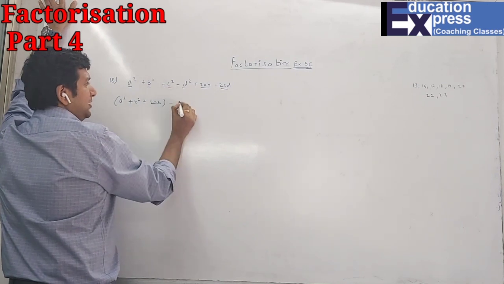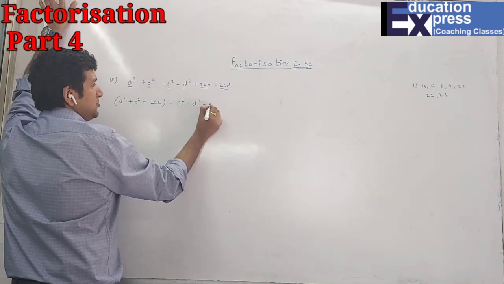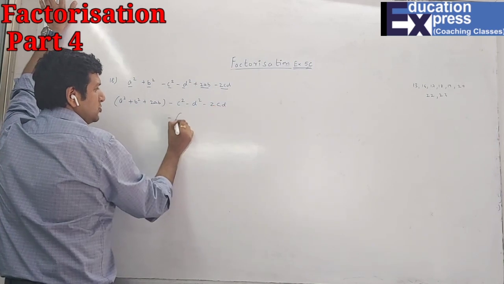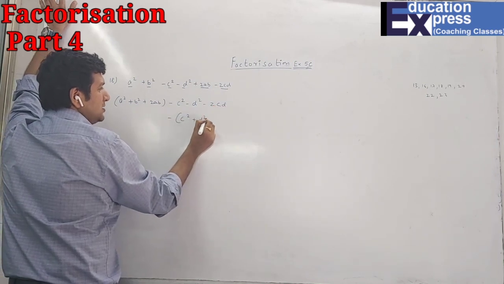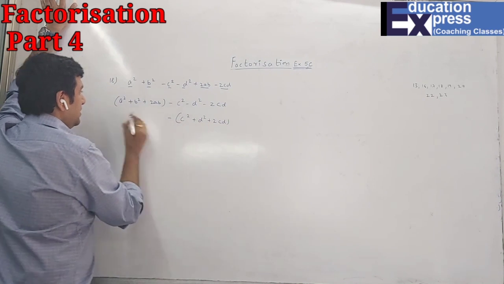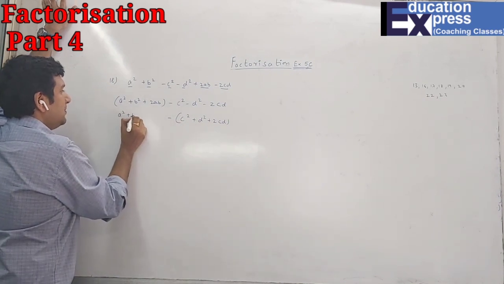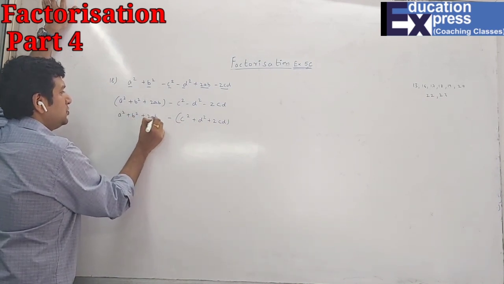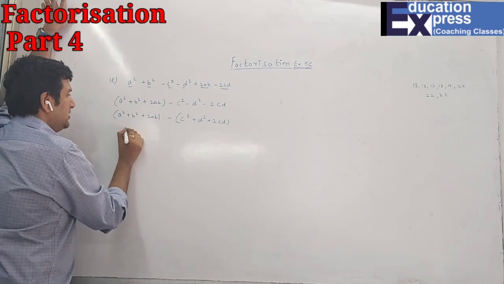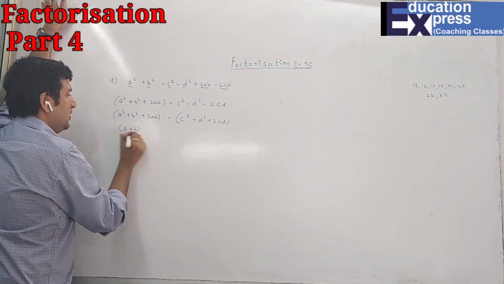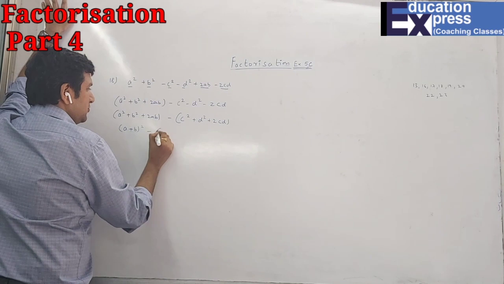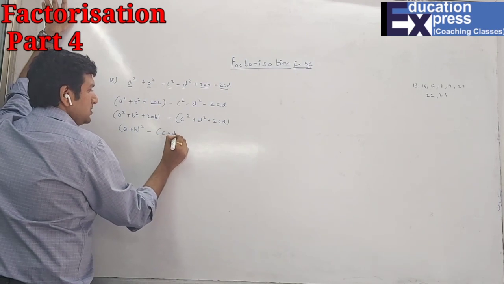If I take negative, what is left? Negative c square minus d square minus 2cd. If I take minus as common, I'll get c square, d square plus 2cd. So a square, b square plus 2ab. So this whole thing is a square for (a plus b), and this whole thing is a square for (c plus d).